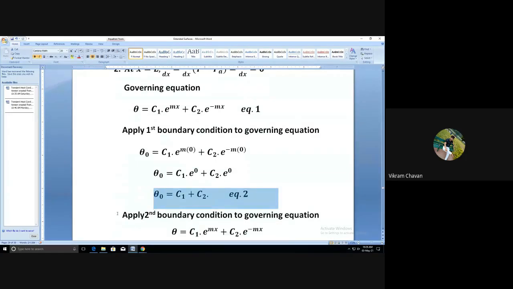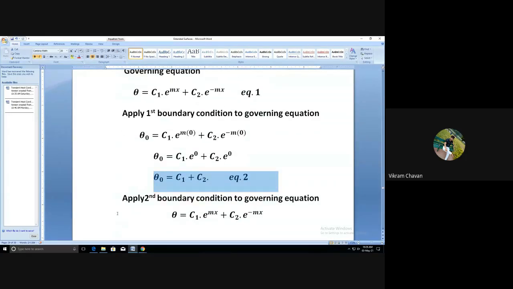Now we have to apply the second boundary condition. For that purpose we have to determine dT divided by dx at x is equal to L. So apply the second boundary condition to the governing equation.